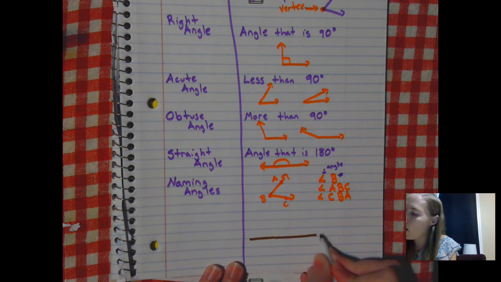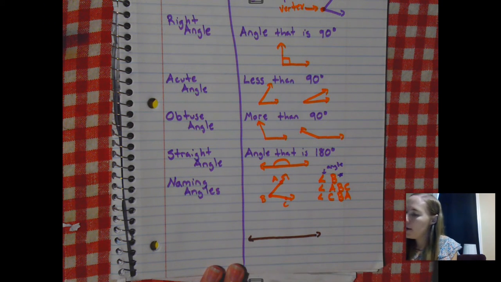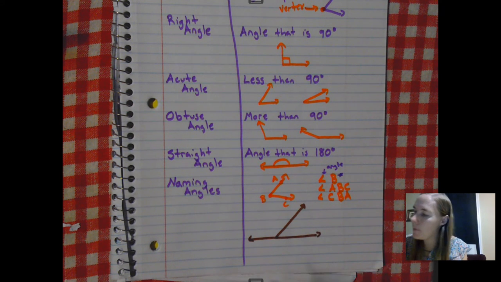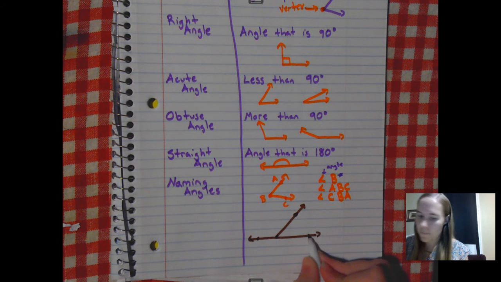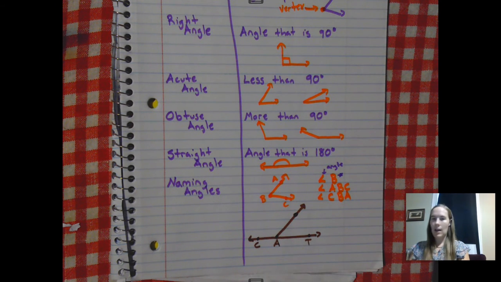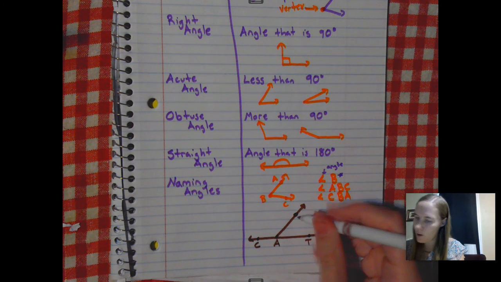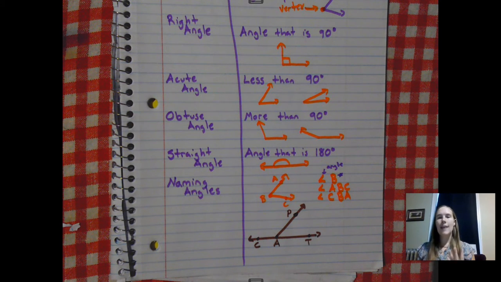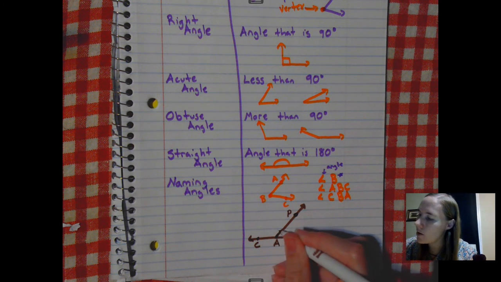So we have our straight angle right here, but say we split it like this. And we had lots of different points. So we had C, A, T at the bottom, and then this point was point P. Say we wanted to talk about this first angle.